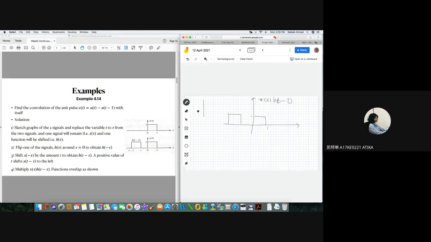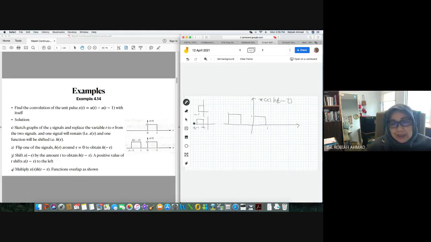Okay, so tadi shifted. Dia reversal sahaja minus 1 sebab kita tahu lebar dia satu. Tapi bila kita shifted, kalau tengok shifted tu t tu adalah plus. Okay, so yang ni kenapa t minus 1? Because of the lebar dia ni lah. So t ni makna anywhere dekat left hand side.